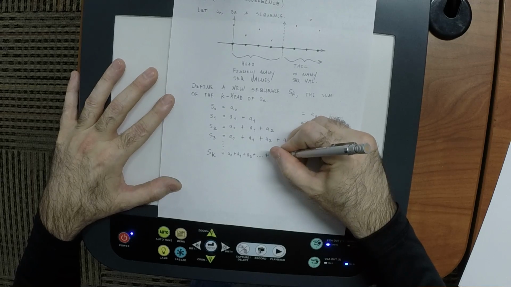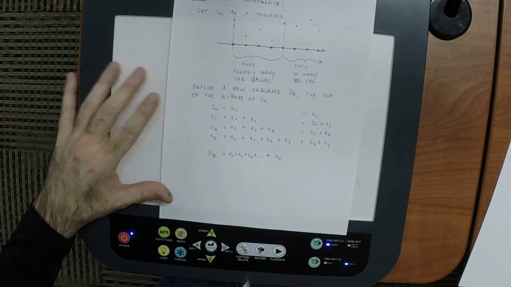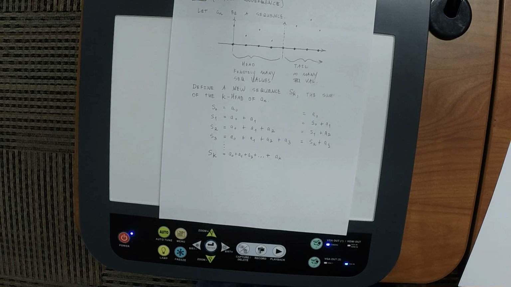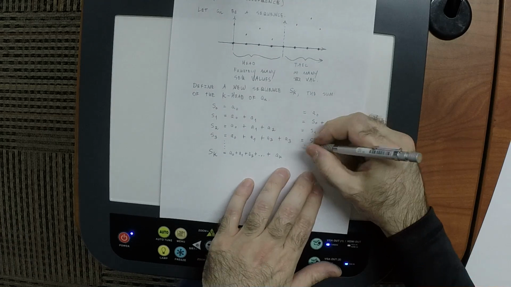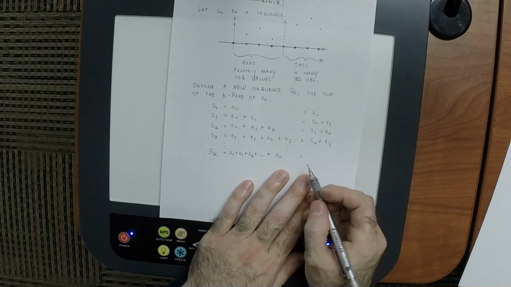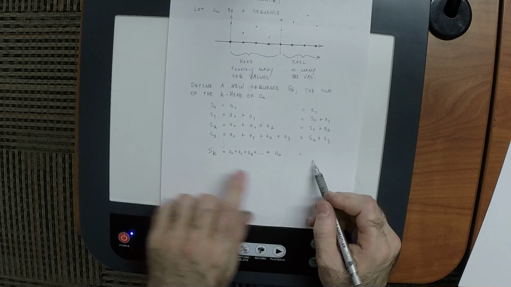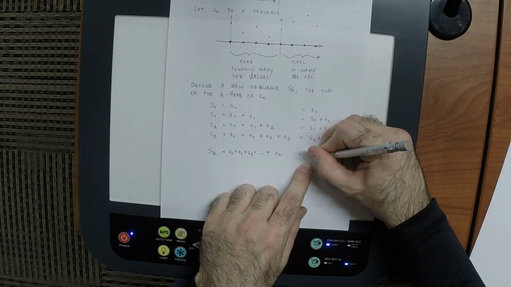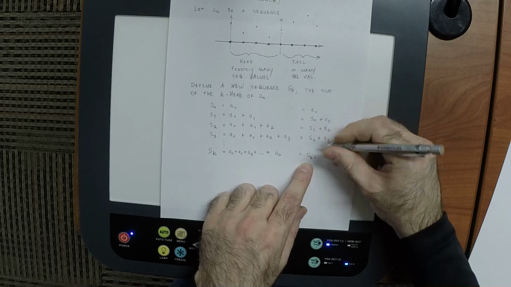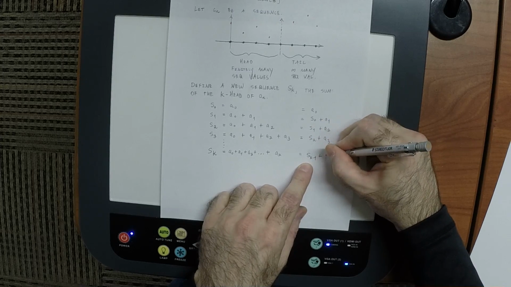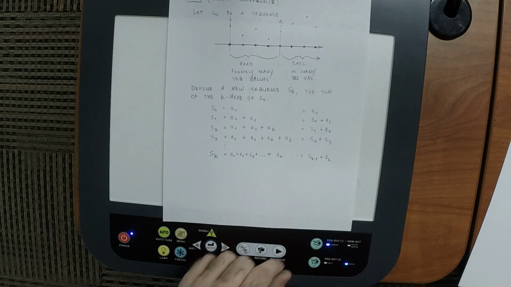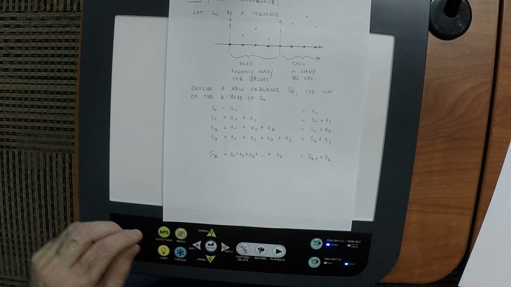AK. But K could be like a million, so that'd be a lot of writing. So one shorter way to write it would be what? If we want SK, what's the name for the previous one? S(K minus 1). And then we add to it what? AK.